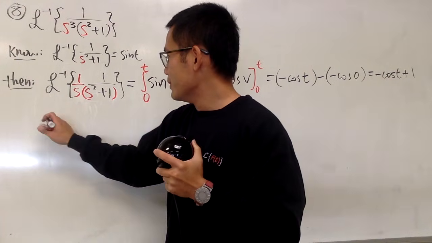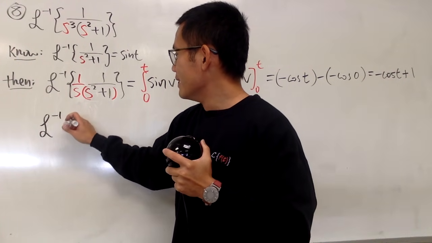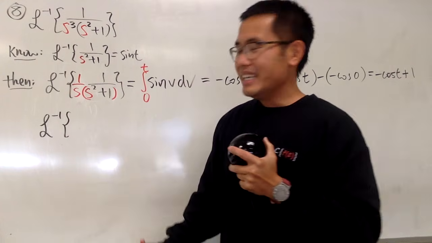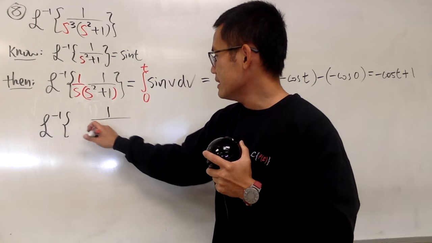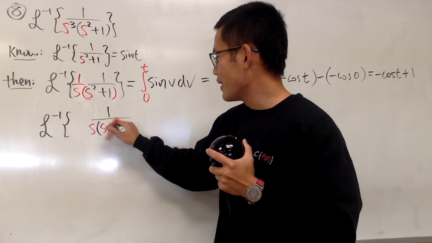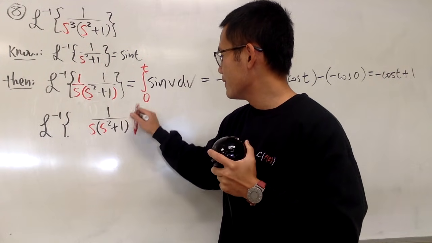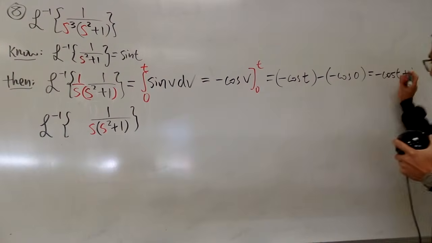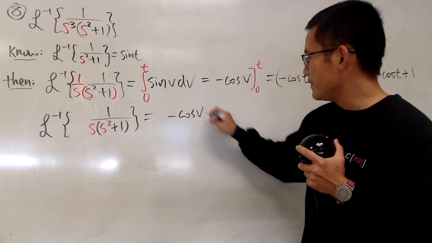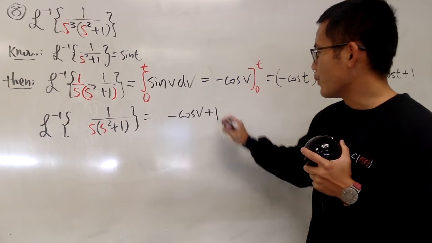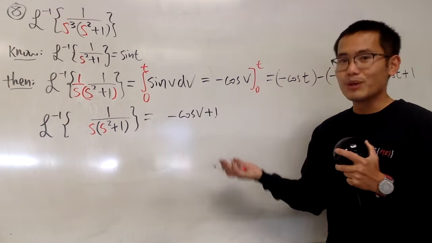But anyway, the next one is the inverse Laplace if you have 1 over s times s squared plus 1 already, which you know is negative cosine phi plus 1. I'm using phi because I will have to integrate that.